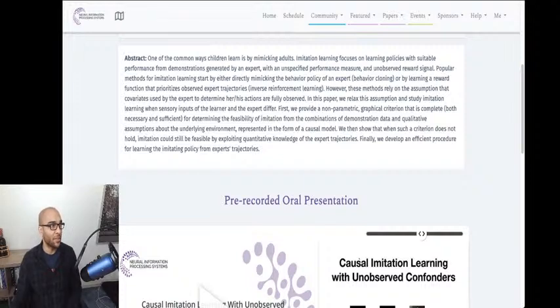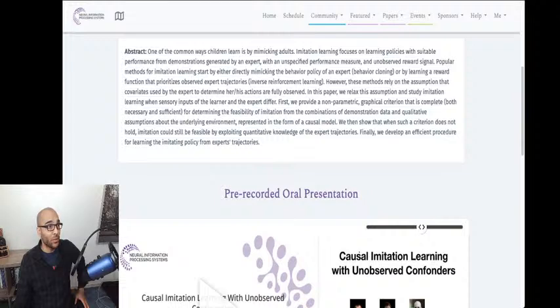One is mimicry, and one is trying to learn what the reward function is that's going to optimize the thing that the person is doing. So this is looking at an agent, presumably an expert agent, and trying to figure out, okay, they're doing this thing, and we assume that they're doing it to optimize some kind of ultimate reward. And so what might that reward function be?